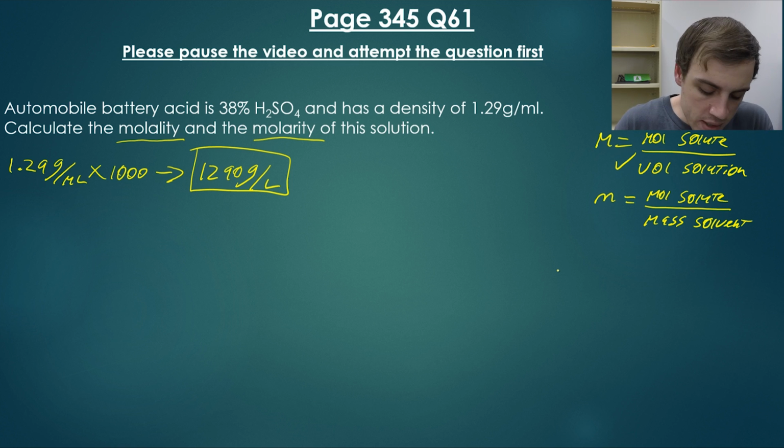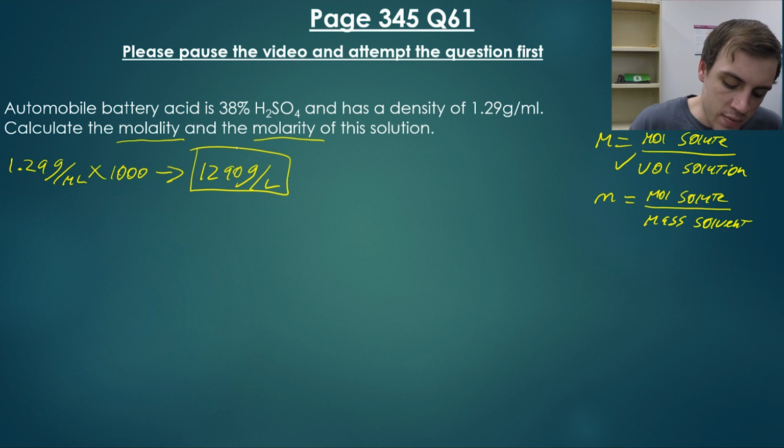So now what we're going to do is look at the mass of the solution. So the mass of the solution is equal to 1,290 grams. Now, to get the mass of the sulfuric acid, we need to multiply this by 38%.